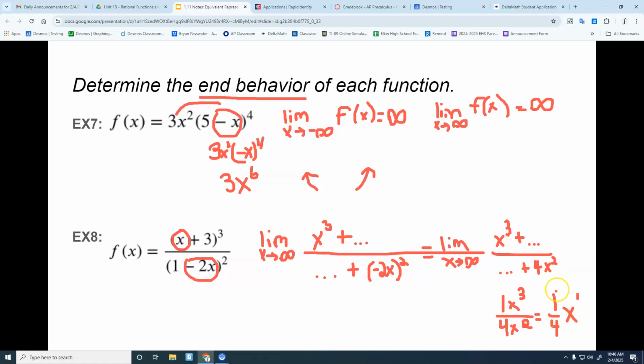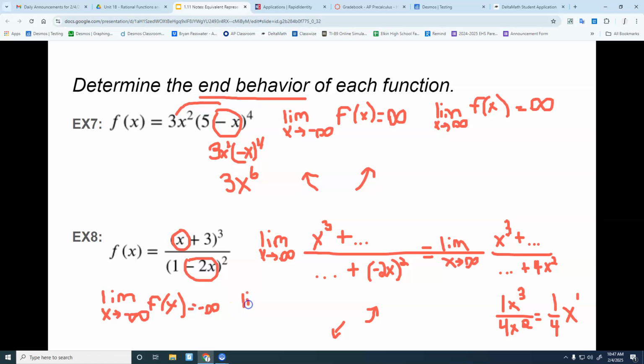So my coefficient is positive. That tells me my right side is going to go up. And then my exponent is odd. So that tells me the left side is going to be the opposite. So my limit as x approaches negative infinity of f of x is going to equal negative infinity.